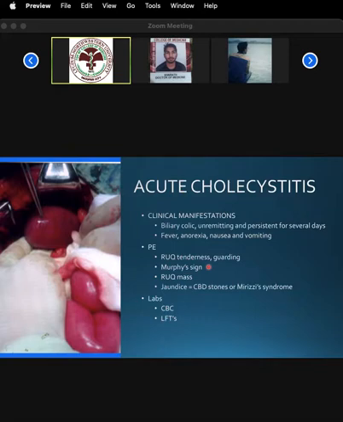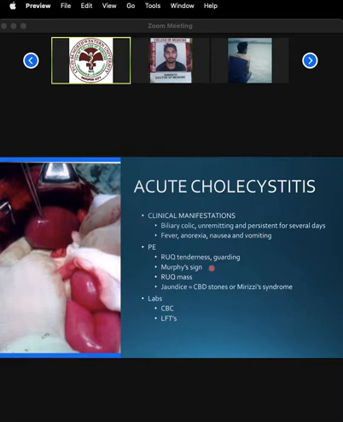The patient will stop from inhaling because of the pain that develops during the application of pressure in that area. So if the patient presents with that, obviously that is Murphy's sign, vis-a-vis a patient with acute cholecystitis.